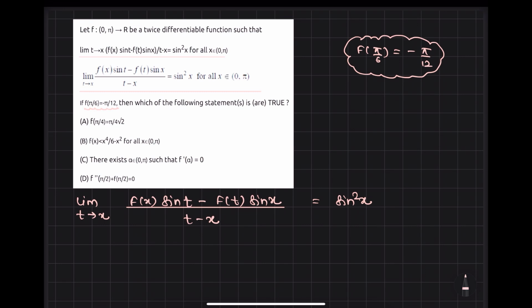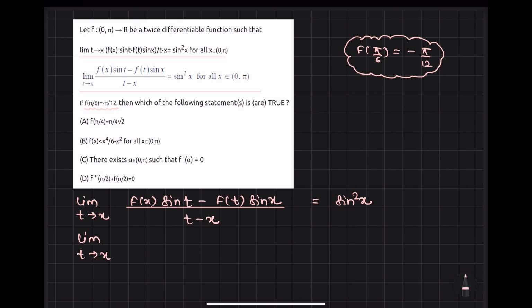So we will go with L'Hospital rule. So we will differentiate this part. So we will have limit t tends to x. Who is the variable? t is the variable. So we will differentiate our function with respect to t.